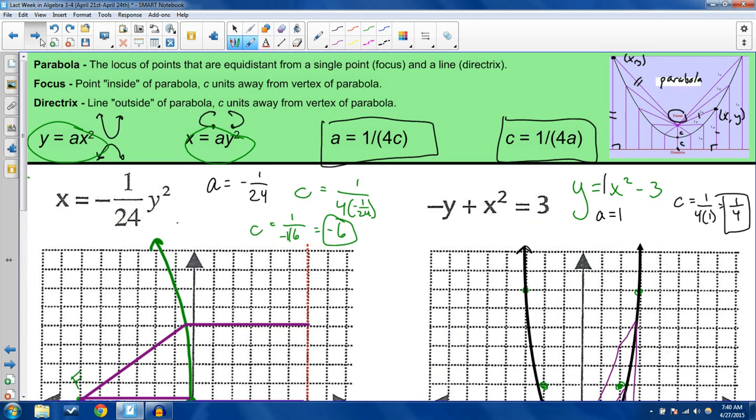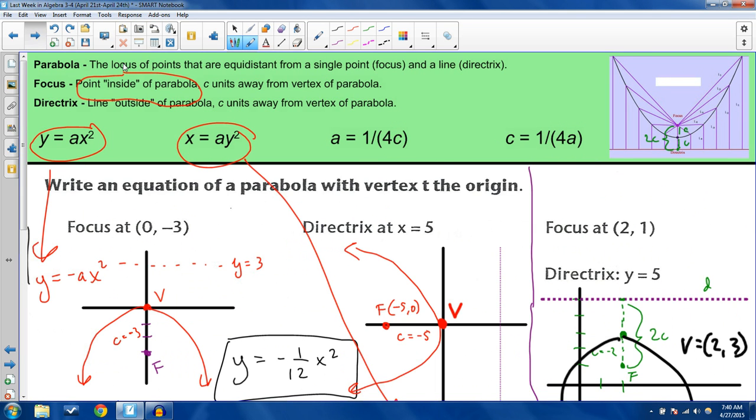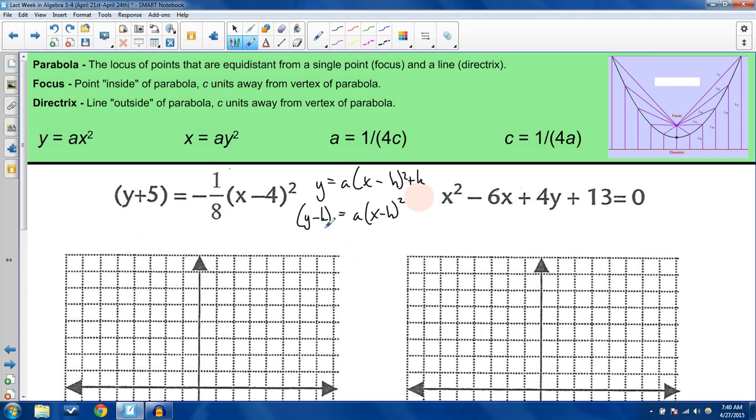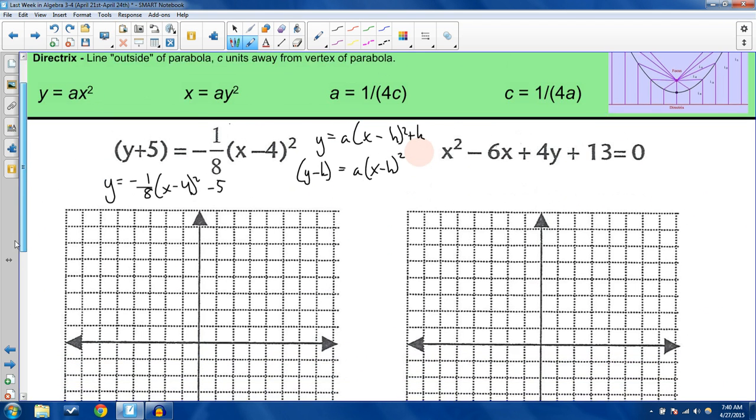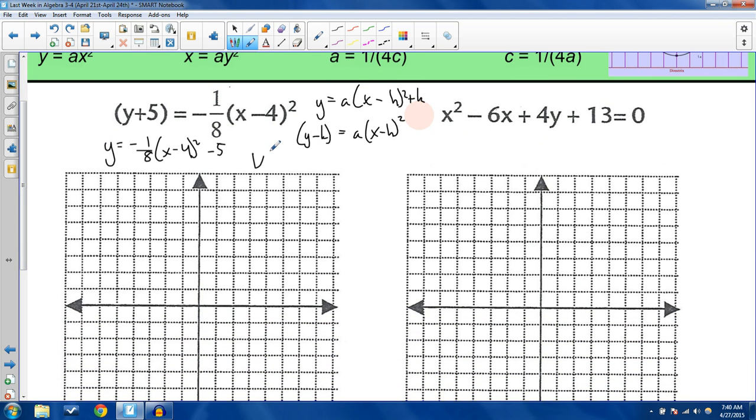You still know how the shift works. If they're paired together like that, then that means your center, your vertex in this case, is still at (h, k). So you can rewrite this if you want. I'll make it y equals negative 1/8 times (x minus 4) quantity squared minus 5 if you subtract 5 over. Because then you know your vertex is at (4, negative 5). Maybe it helps that way instead of the other way.